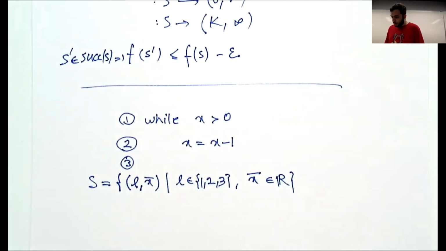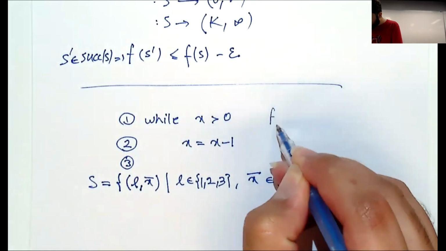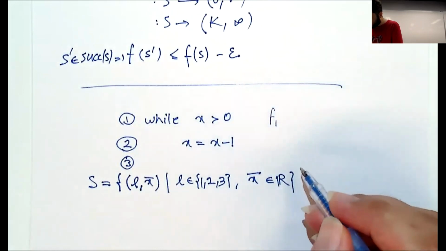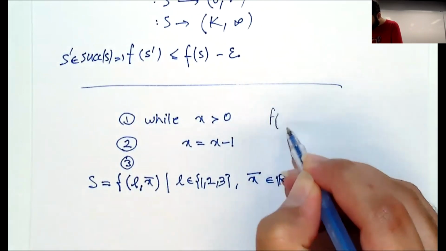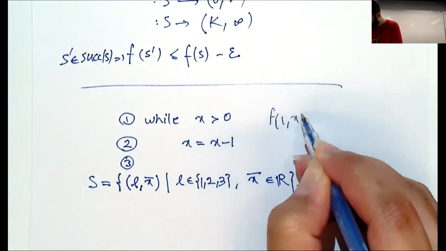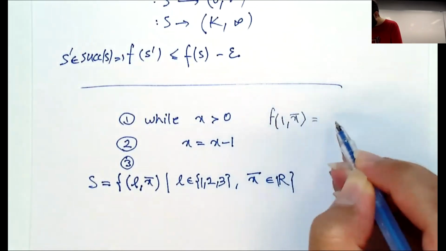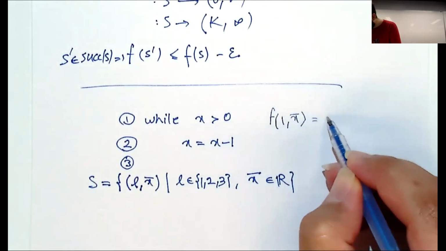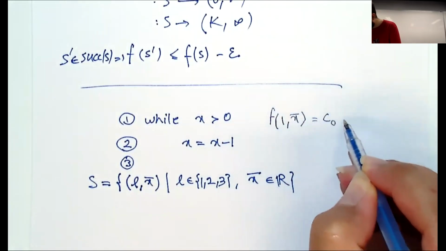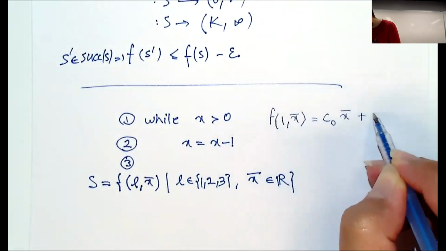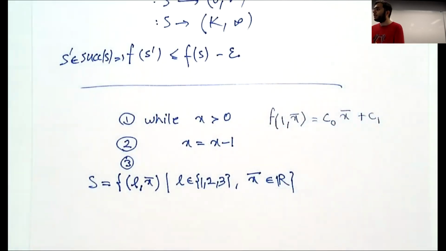Actually, I'm going to do it in a more methodical way. Let's say that at line 1, my ranking function is f1. Or maybe like this, f of 1 and x bar is some constant c0 times x bar plus some other constant c1.